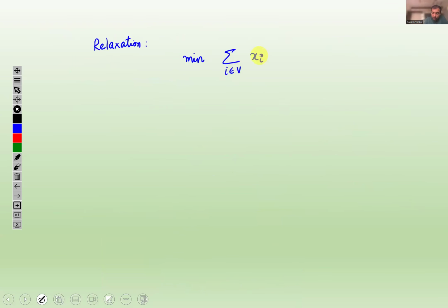So I'm going to minimize summation of xi such that for every edge, at least one endpoint is chosen. So it forms a vertex cover.